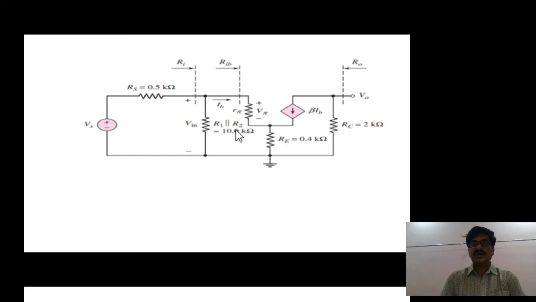RIB is a resistor here, and RIB includes both the r pi resistor and the RE resistor. When you look at the resistance from this position, the circuit is two resistors connected in parallel: one is R1 parallel R2 and the other one is RIB. Therefore the input resistance RI equals R1 parallel R2 parallel RIB.